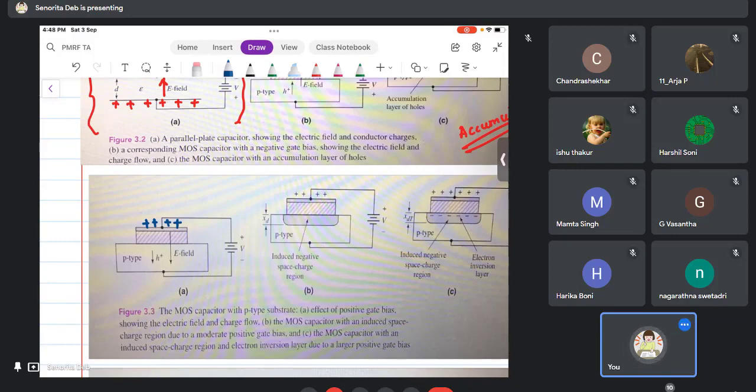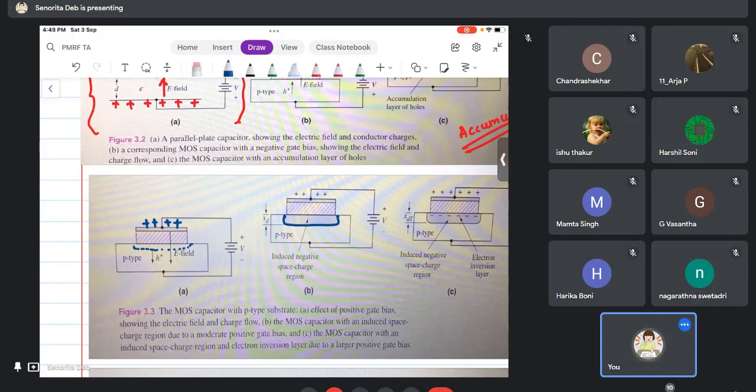What is happening? The movable charge carriers, which are responsible for carrying current, are all going to move away from this area of the substrate, this junction, and therefore you have a depletion region, which is also known as the negative space charge region. Why negative space charge region?